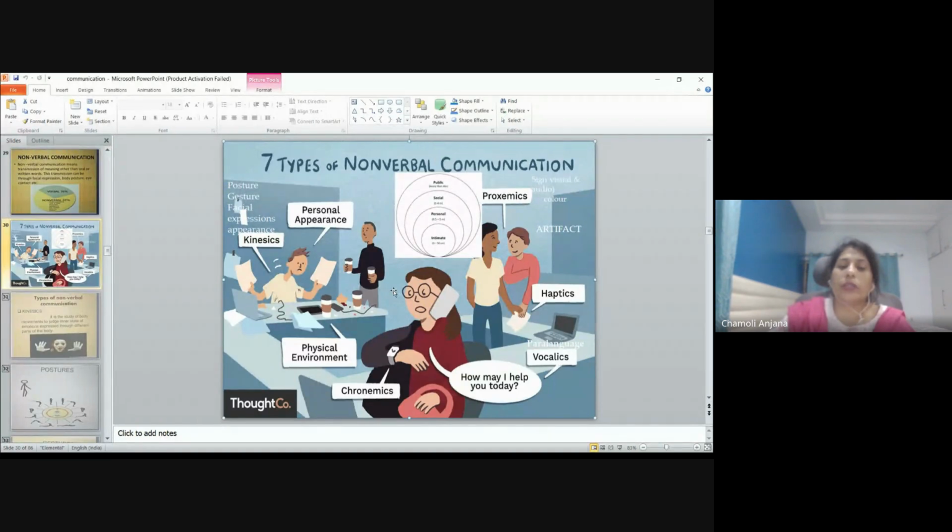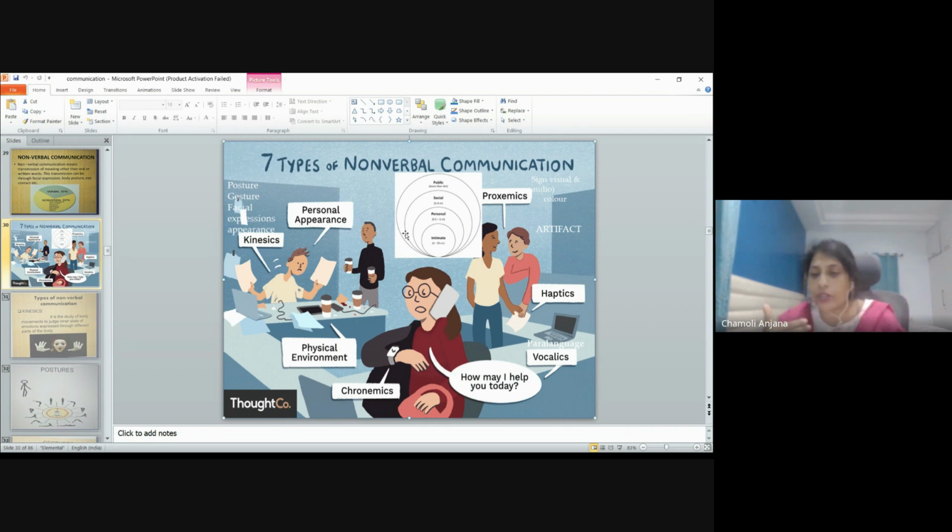Sometimes the words might not give the actual meaning, but your actions, or the non-verbal means, can give more information. For instance, if I wear a new dress and go to my college, and I ask my colleague, how am I looking, and she looks at me and says, yeah, it is good, but the kind of expression she gives, yeah, it is good.